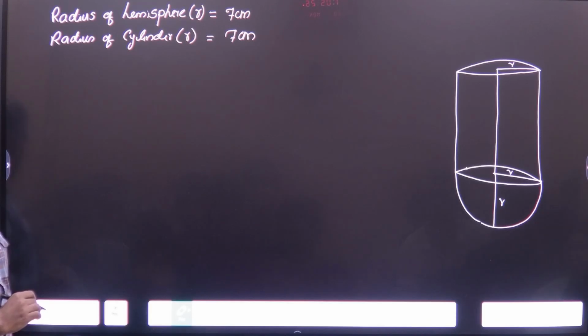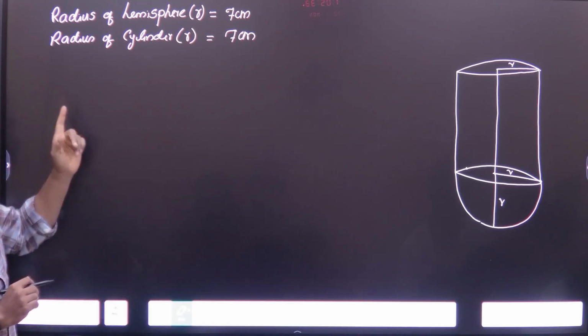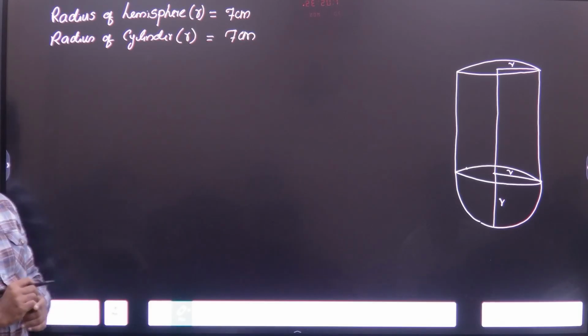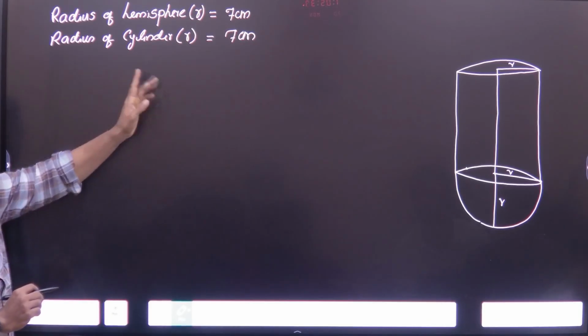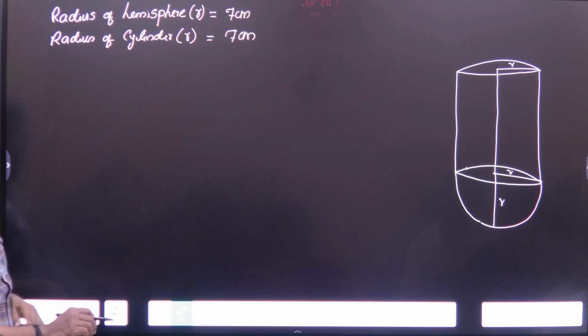Radius of the cylinder is also the same, equal to 7 centimeter. Or radius of the hemisphere? 7 centimeter. Both are same. So we can apply the same letter. है ना?